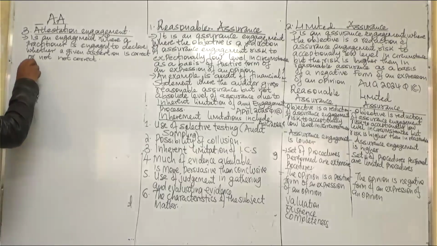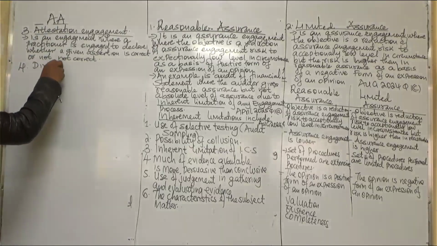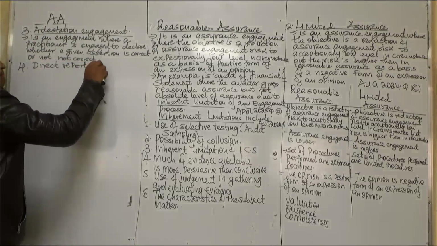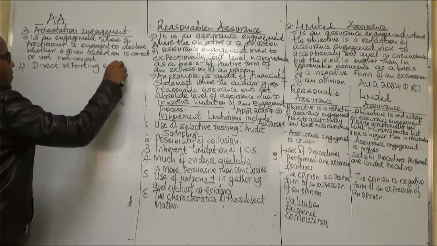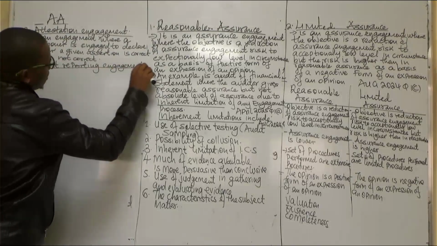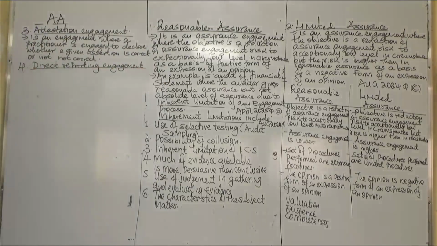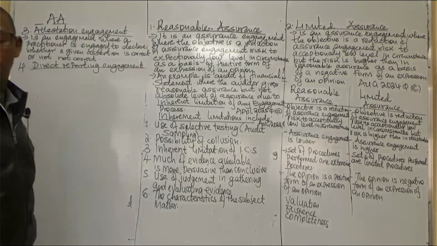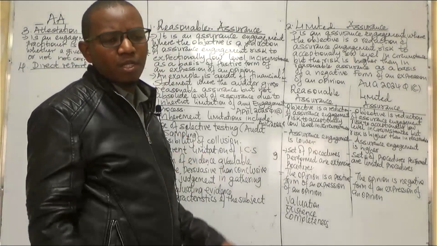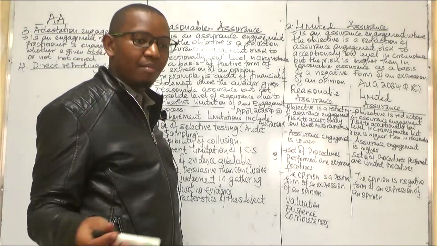Number 4, direct reporting engagement. When we talk about the direct reporting engagement, is when a professional accountant is appointed to give a special report on company affairs.